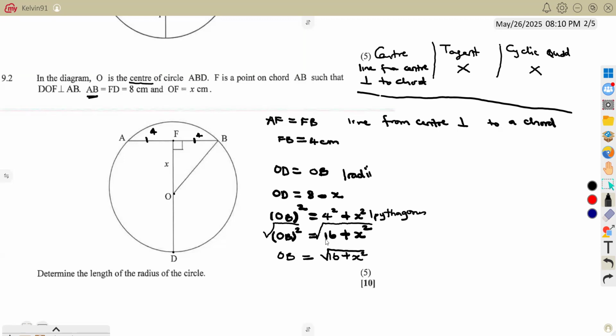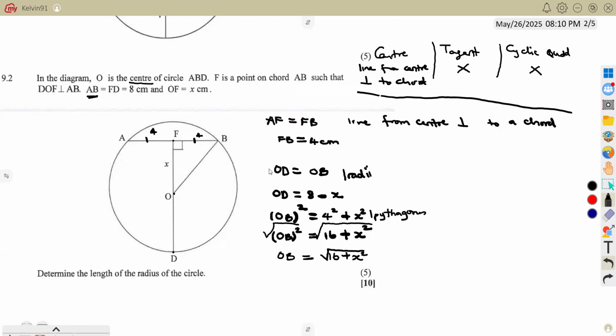It is important to note that we cannot distribute the root sign between these two terms to make root 16 plus root x squared. We cannot do that. We have to just put the two terms under one root sign.